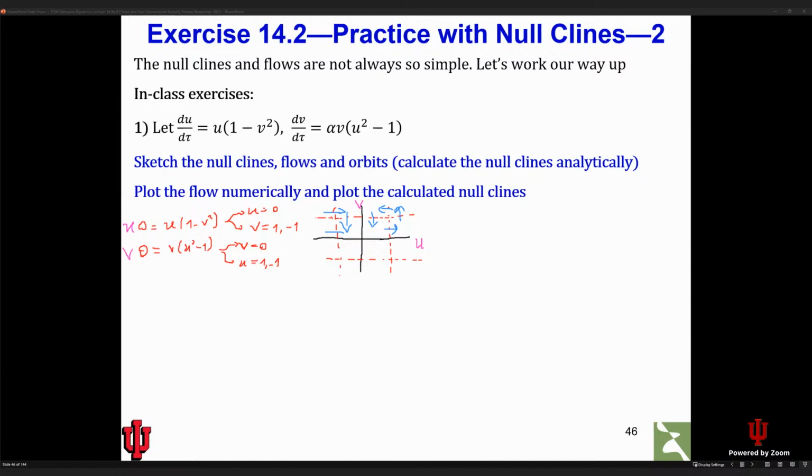Yeah, I disagree. With which part? In this one here, I will raise in a second. Okay. In this Null-Cline right here, U equals 1.